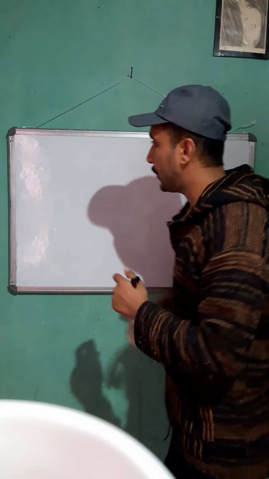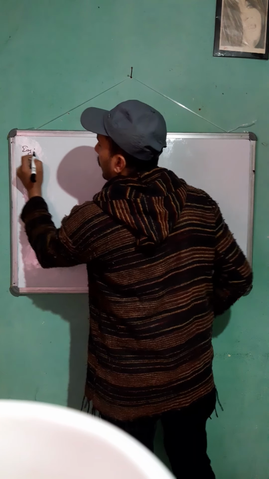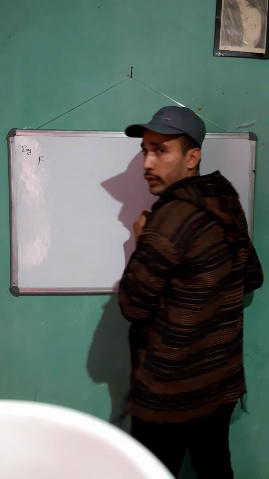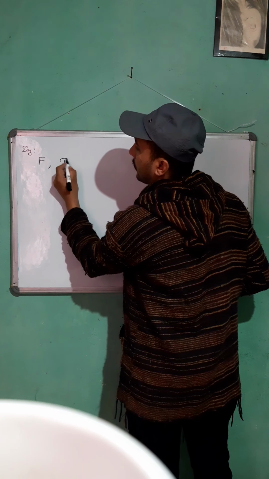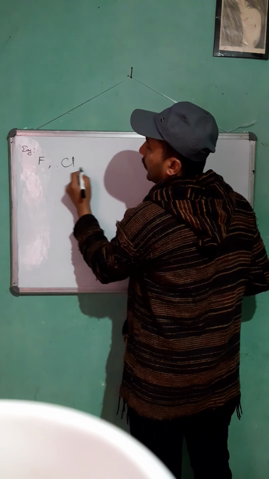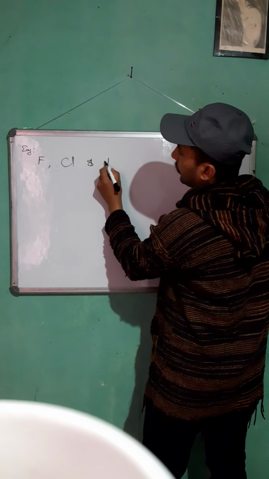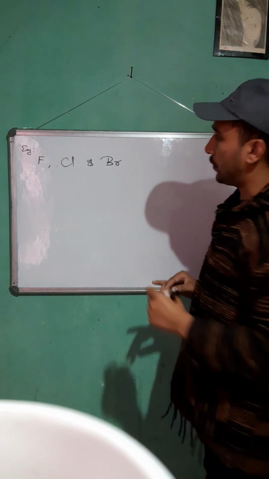Example I'll give you: fluorine, F means fluorine, chlorine, Cl means chlorine, and another is bromine, Br means bromine.